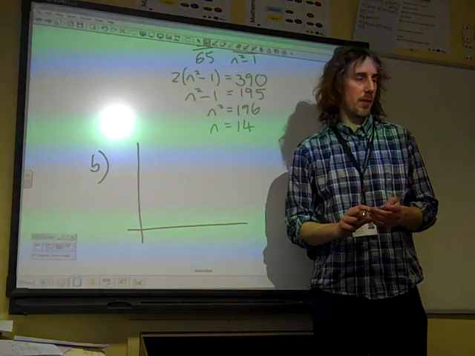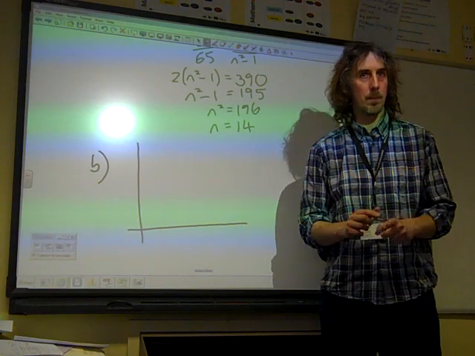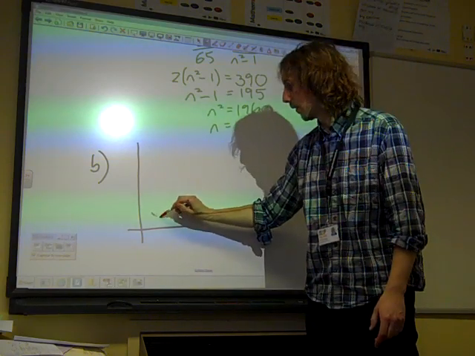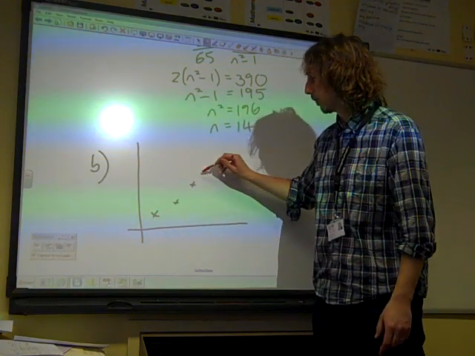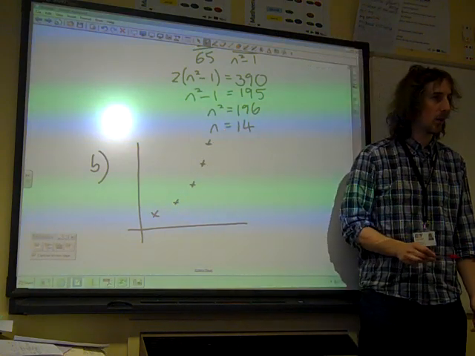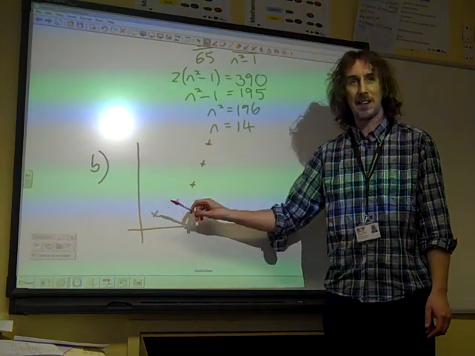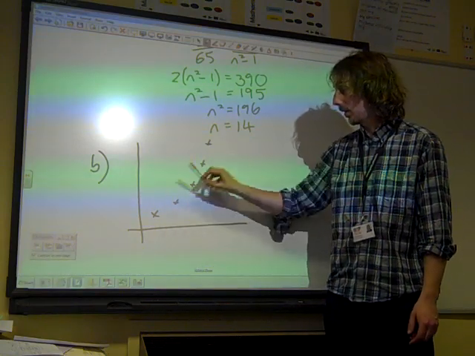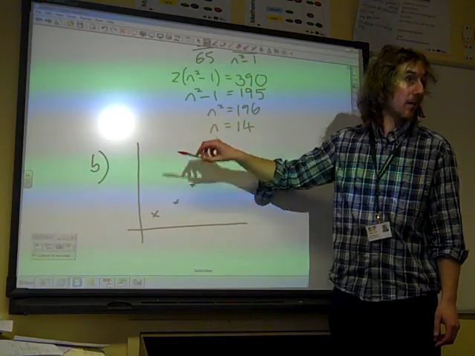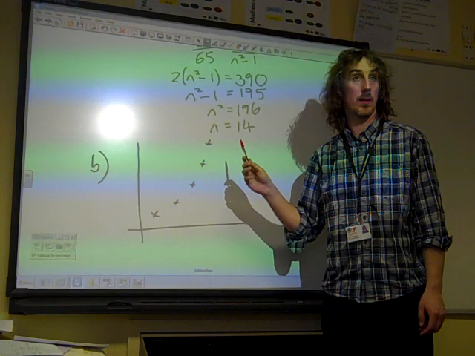You've got a couple of choices of how you could draw your diagram. You could draw it as a kind of exponential curve. Because in that case, as we look at the points, as x goes up, y goes up, so they're all in order, but they're not in a straight line.